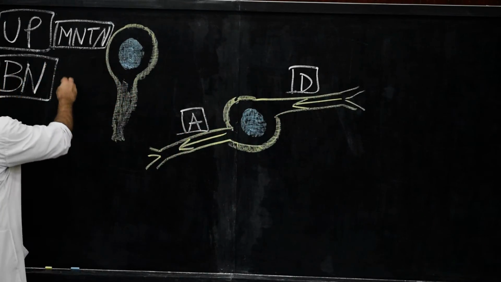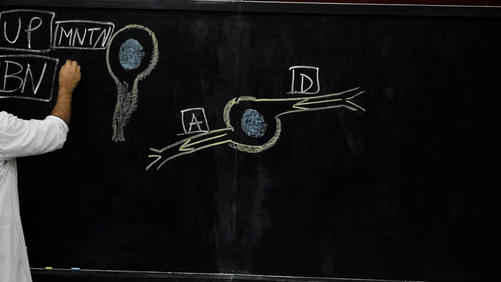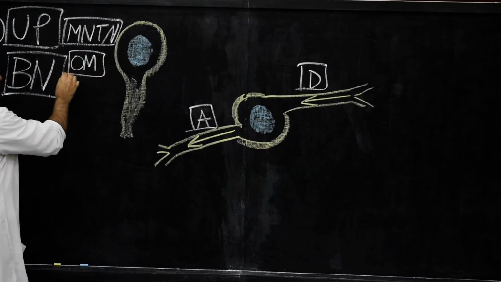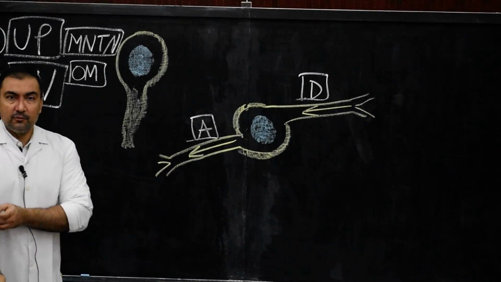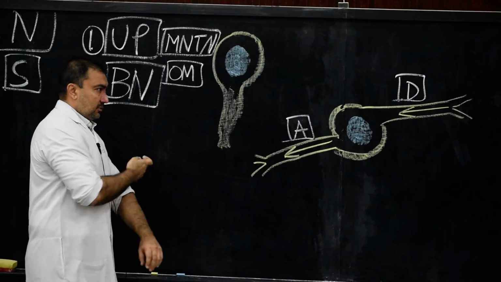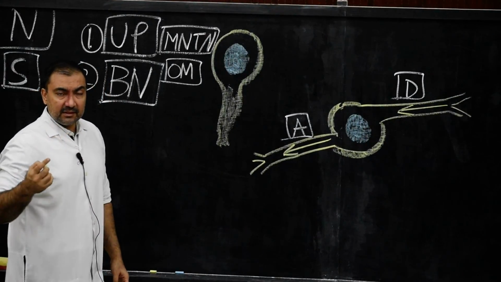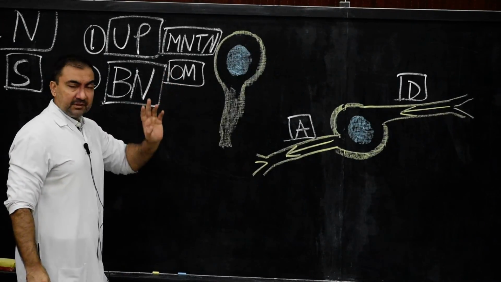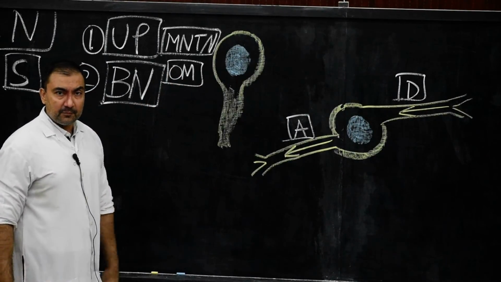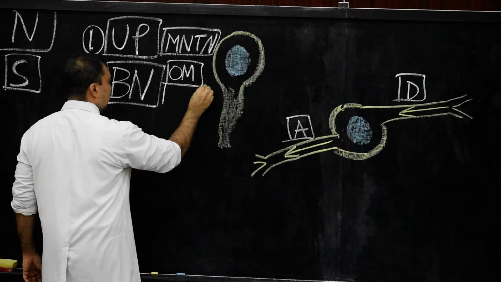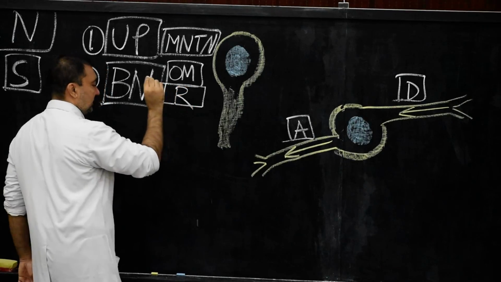The bipolar examples will be, first, the cells present in the olfactory mucosa. Please note down these examples. I repeat once again, they are asked in 1 mark question answers or in MCQs. Second, the cells present in the layers of retina.